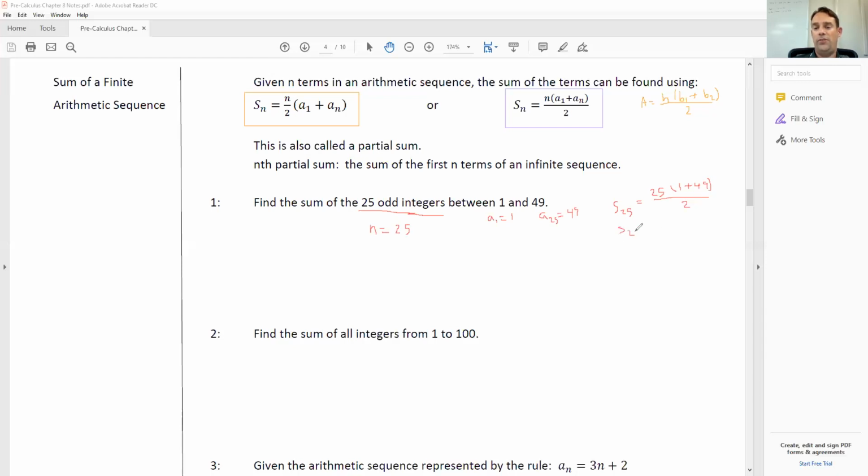So S of 25, the sum of the first 25 terms, is 25 times 50 divided by 2, which is going to be 625. I don't have to spend my time trying to keep track of adding all the numbers. I can use this summation formula to be able to determine it.